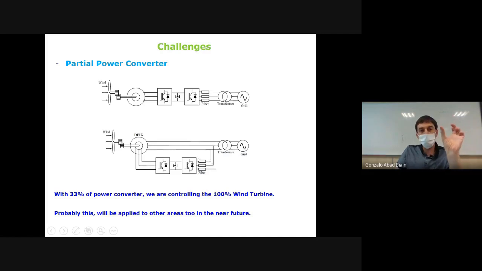So this partial power converter system, the fact of using a power conversion of less power than the total power of the system, 10, 20, 30%, is becoming a reality in some other applications.